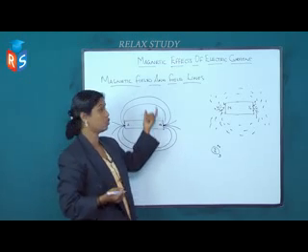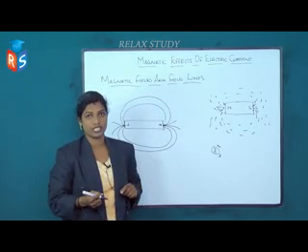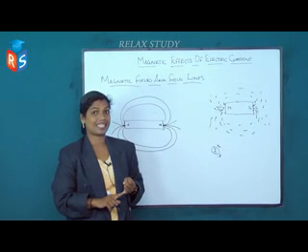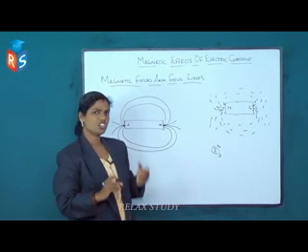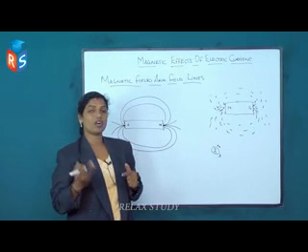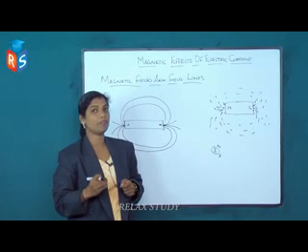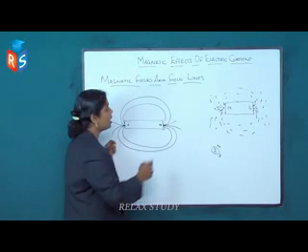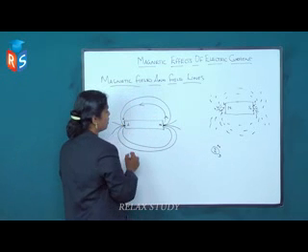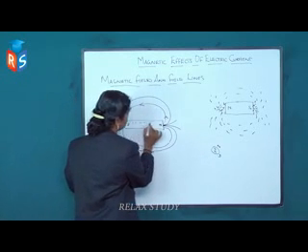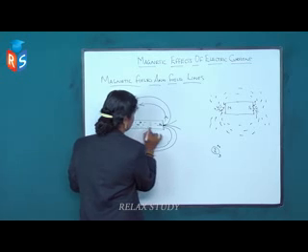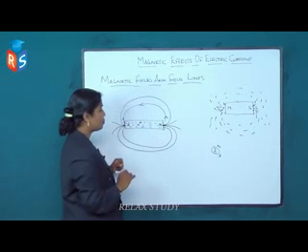See, the magnetic field is a vector quantity which has got magnitude as well as direction, so its direction is very important. Conventionally, it has been accepted that the magnetic field of a simple bar magnet goes from north to south outside the bar magnet and south to north inside the bar magnet, like this.